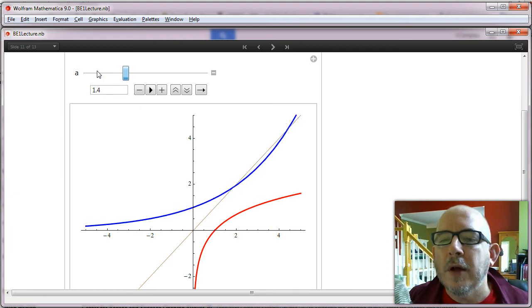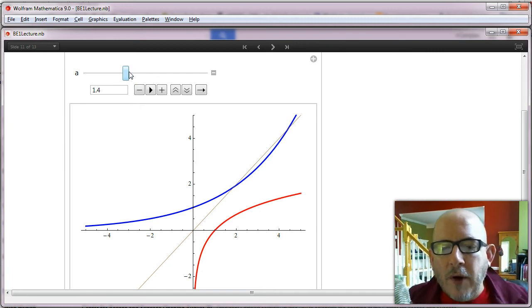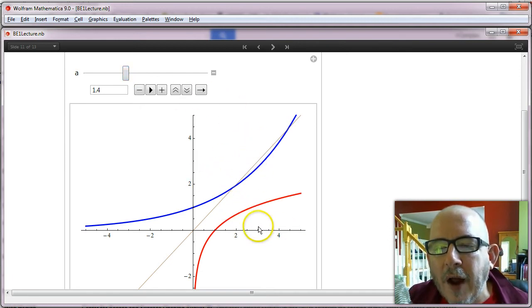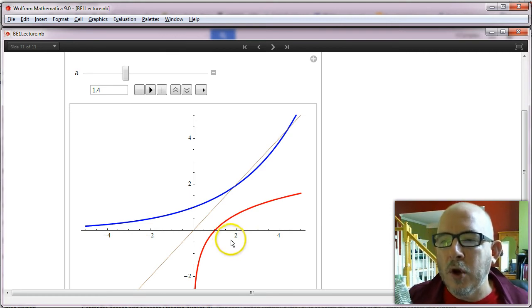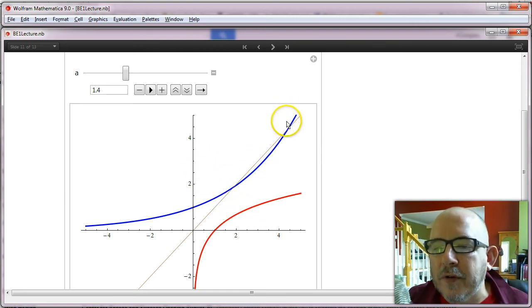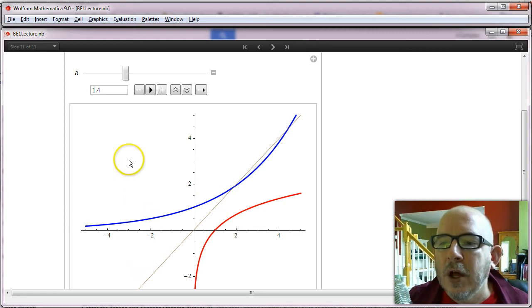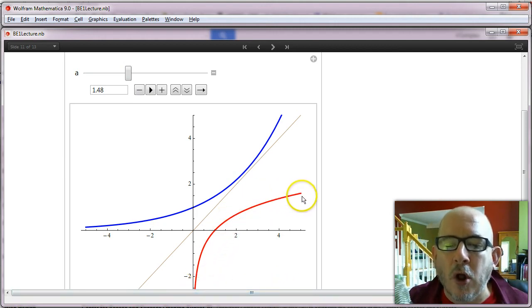Now remember what an inverse function does to the graphs. If you've got a graph, its inverse is a reflection across the diagonal, where you're switching the x and the y's. So one way of recognizing an inverse function is if their graphs look like mirror images across the diagonal, y equals x. As I increase the base here, this is a to the x, and this is what we were calling the natural logarithm.